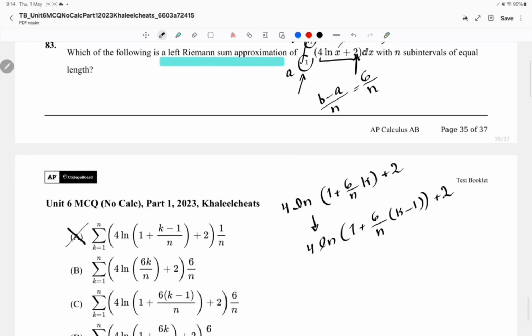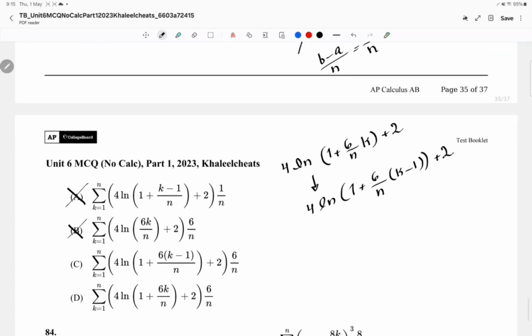So you must have k minus 1 in there, which we don't see in B. And so C looks like the perfect match, basically. Okay. And D would have been the answer if they did not say left Riemann sum. But because they said left Riemann sum, that means you must put minus 1 on the k.